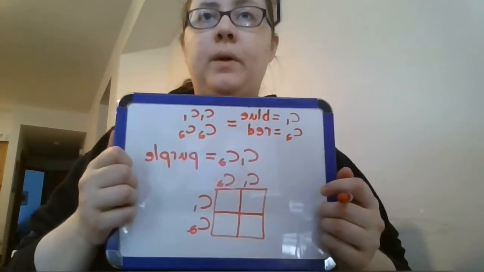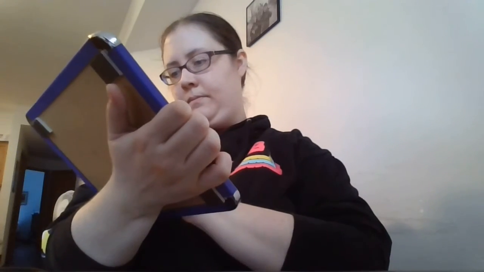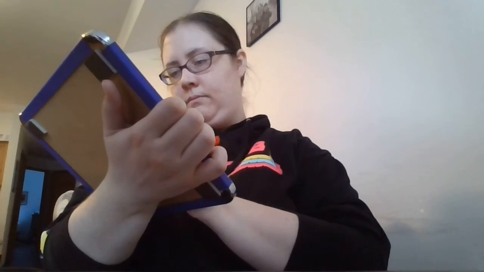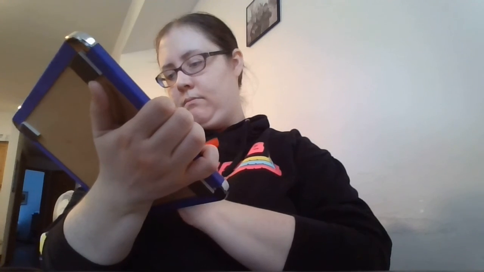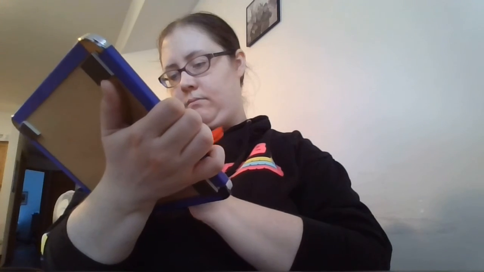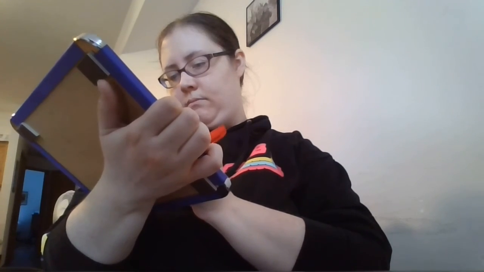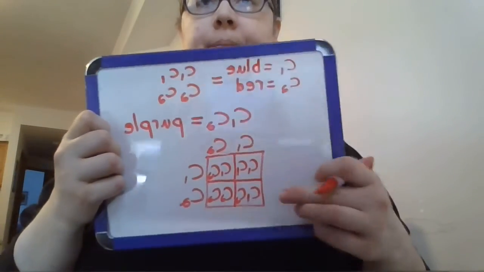So this is our Punnett square for these guys. So this is the spread we come up with.